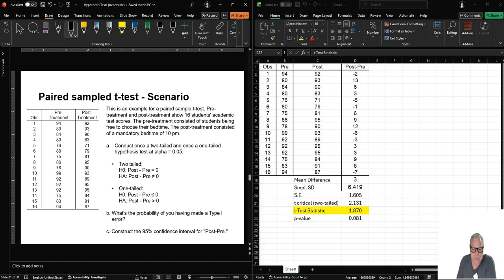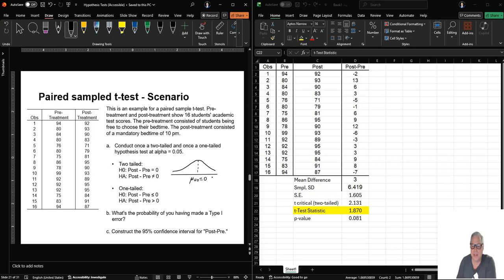So we have our sampling distribution now again, and again we hypothesize that the hypothetical mean of that population is equal to 0.